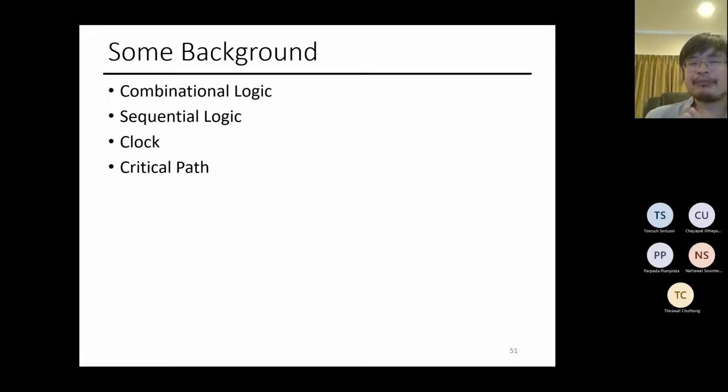Critical path is the longest path in your circuitry diagram within one clock cycle that determines how fast your clock has to be. Right. So these are background. If I refer to some of these terminologies, basically here are the definitions I just explained, right?